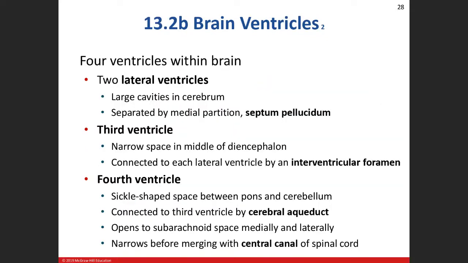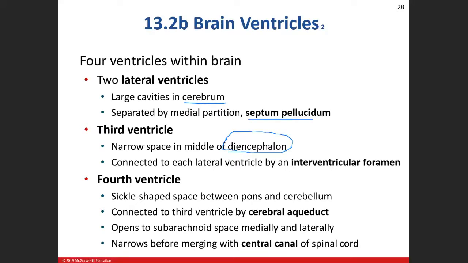All right, so those four ventricles, we have two lateral ventricles, and those are found in the cerebrum. Okay, and we talked about this on Thursday. It divides those ventricles from one another. That's the septum pellucidum. Okay, so the lateral ventricles then drain into the third ventricle, right? And the third ventricle is found deep within the diencephalon.